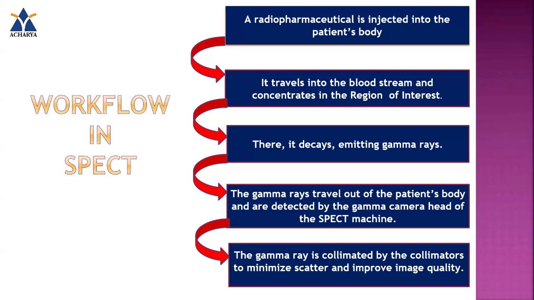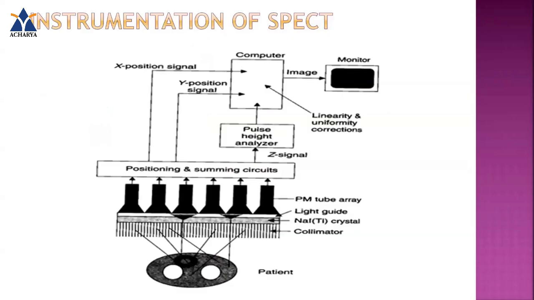The emitted gamma rays are getting detected by the gamma camera inside the gantry, which converts the gamma signals into readable images. It is collimated and reconstructed by using the reconstruction algorithm. Then we are getting a cross section. So this is the workflow happening in the SPECT.